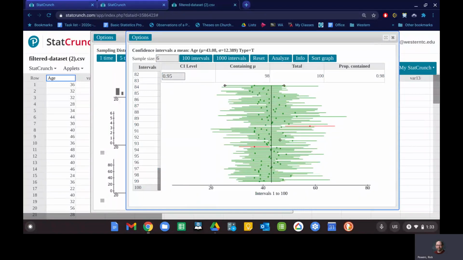So look at how wide those things are. But again, I'm not getting all of them. I'm not always getting it right. But if I only have 6 in my sample, then my confidence intervals have to be very wide apart in order to be able to capture that population mean. And most of the time it is correct. But I don't know, okay?